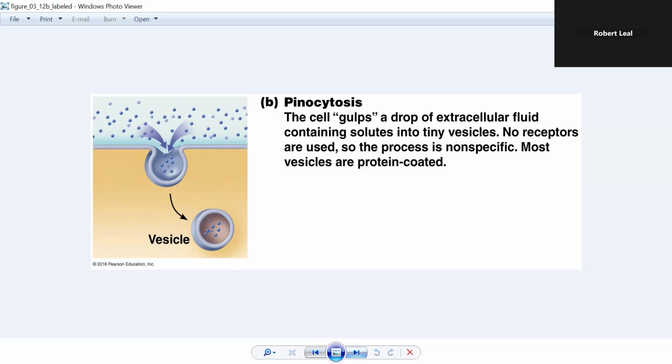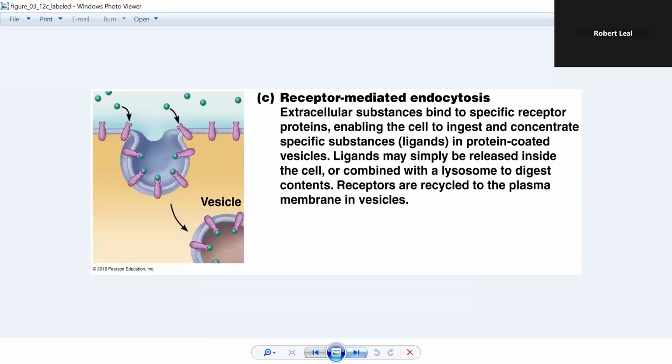All right, last scenario. Typically, this is pinocytosis as well, but just to know when a cell would know to take the contents within it. Typically, the cell has receptors, these proteins in the membrane. And let me get the marker out.